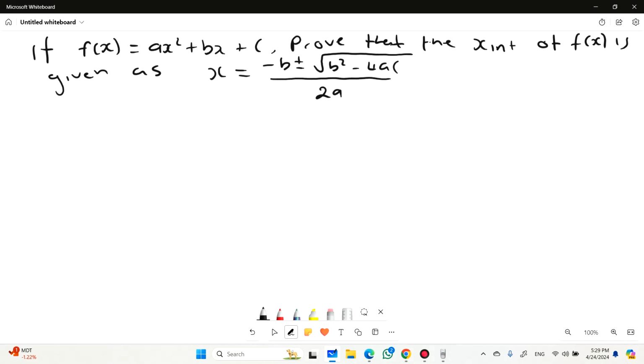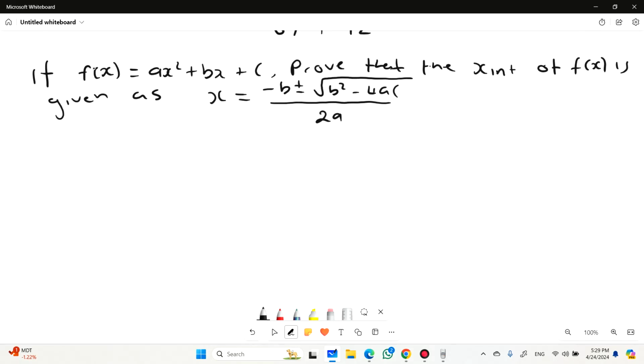I've never seen this question on past papers, but it might come in, it might not. So make sure that you are able to also complete the square using variables.